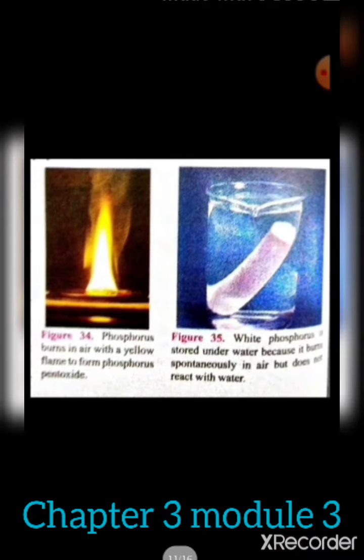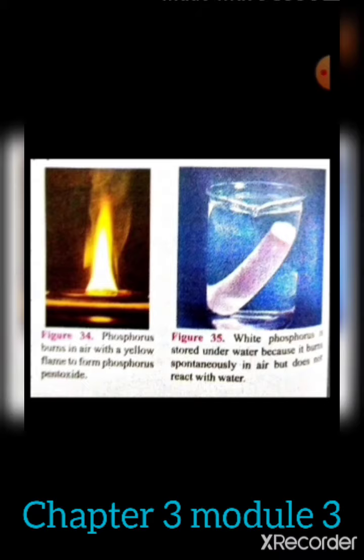Here in the figure you can see phosphorus, and white phosphorus in the second figure. See, phosphorus burns in air with yellow flame to form phosphorus pentoxide. This is the reaction of non-metal phosphorus with oxygen. And in the second figure, white phosphorus is dipped in water.